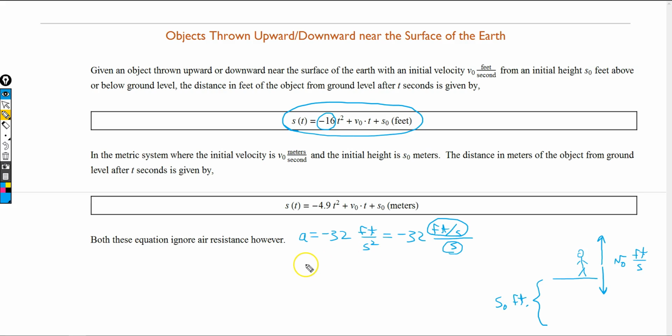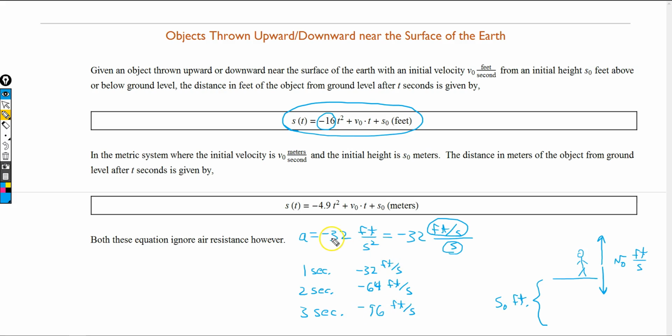So in other words, if you release an object near the surface of the Earth, after 1 second, its velocity will be negative 32 feet per second. After 2 seconds, it will pick up another 32 feet per second in its velocity, so it will be traveling negative 64 feet per second. After 3 seconds, it will pick up another 32 feet per second, so it will be traveling negative 96 feet per second.